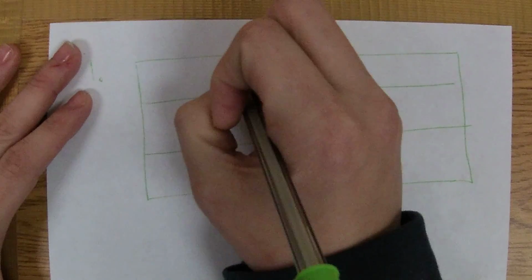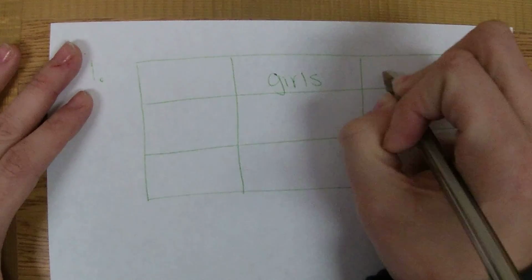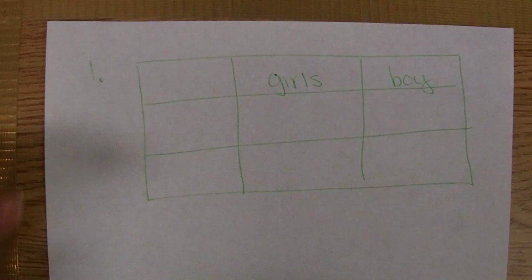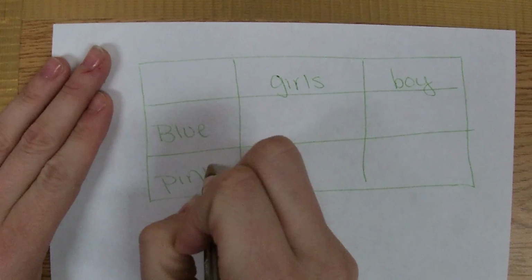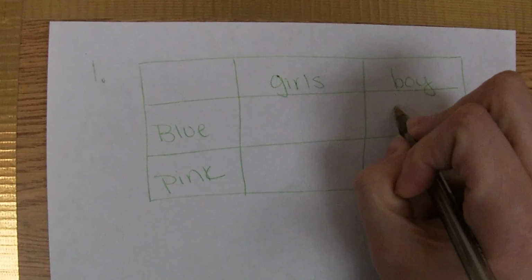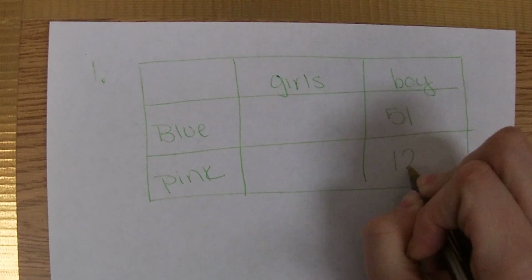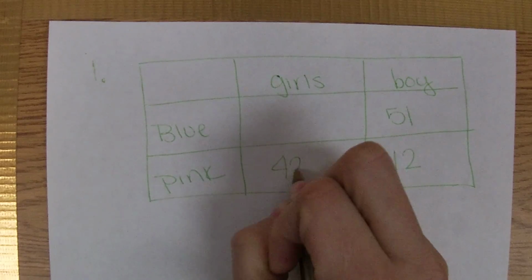I'm going to keep this simple, right? So if we have a frequency table talking about girls and boys, and maybe their favorite color being blue versus pink, and we have some data filled in here, whatever numbers, it doesn't matter.